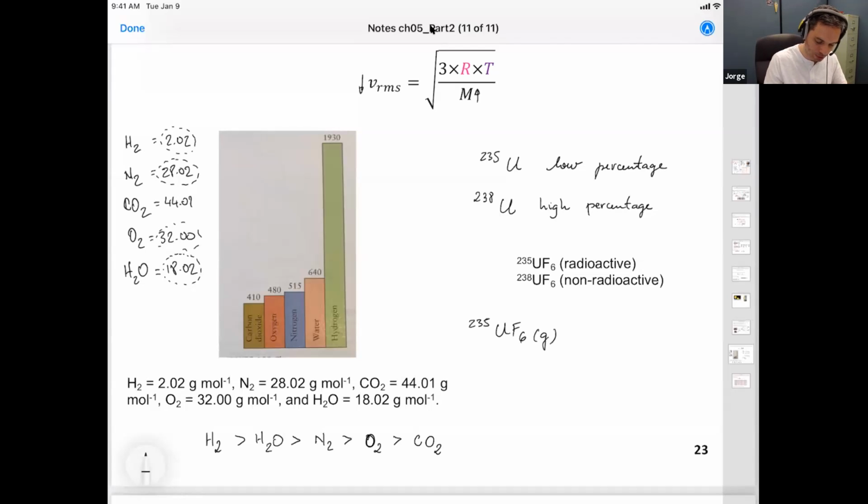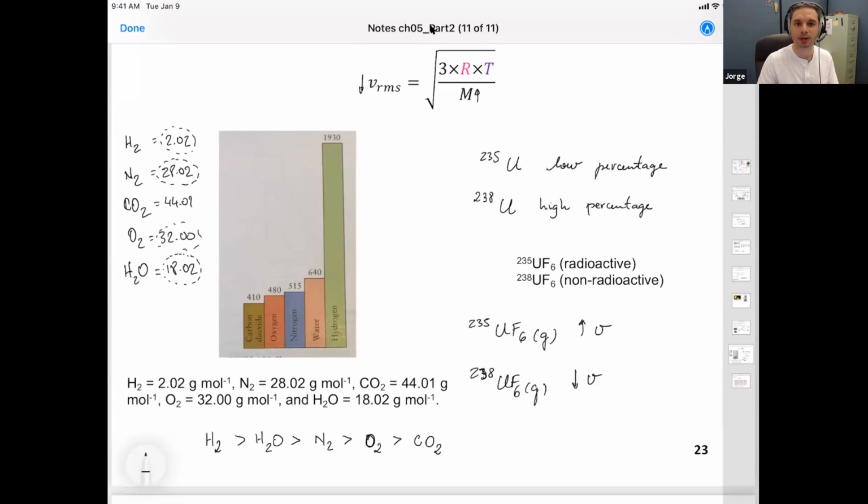And you have 235, high speed, and 238 UF6, that's a gas as well, that has a lower speed comparing with the 235. And moving the two gases in a very, very long pipe, you are going to be able to get rid of the 238 and increase the percentage of the 235.